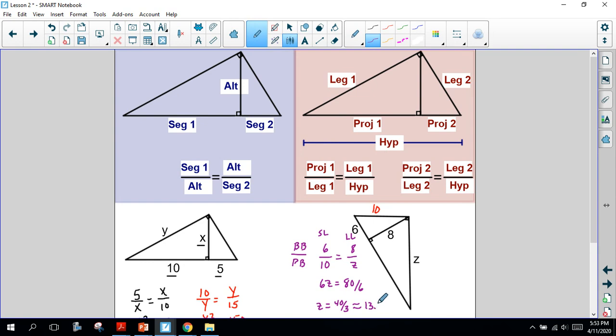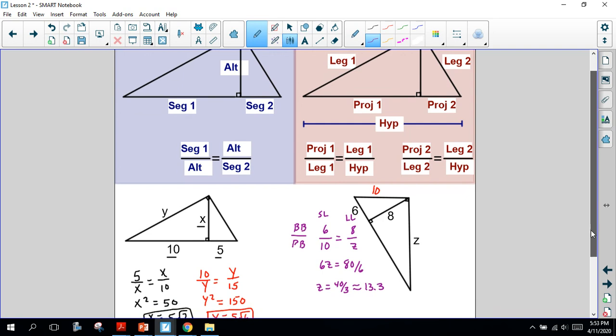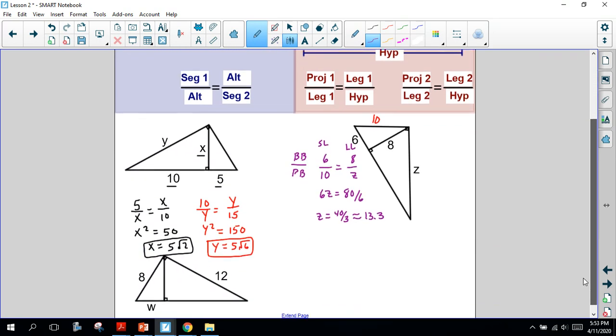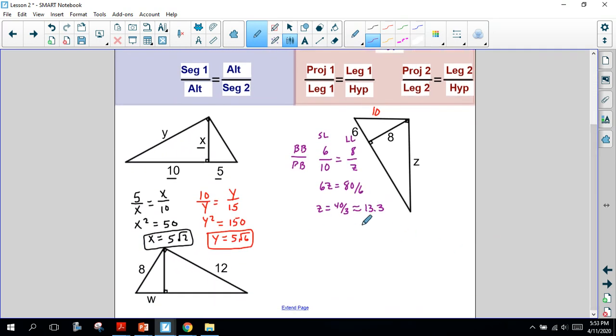It'd be 13.3 repeating. And if you're putting answers into the computer on worksheets, I don't want things any further than to the tenths, so you can just leave it as 13.3. To me, though, the best answer here would be 40 over 3 because that's perfect. There's no rounding error. There's a rounding error in 13.3.